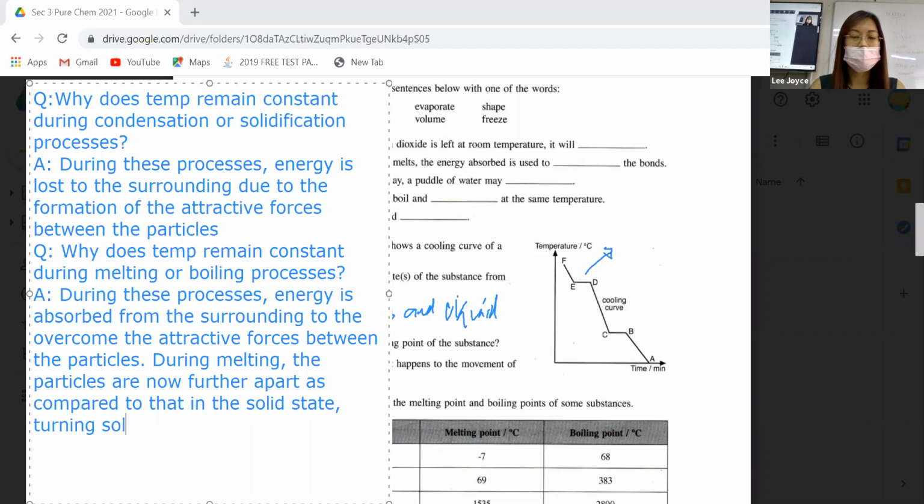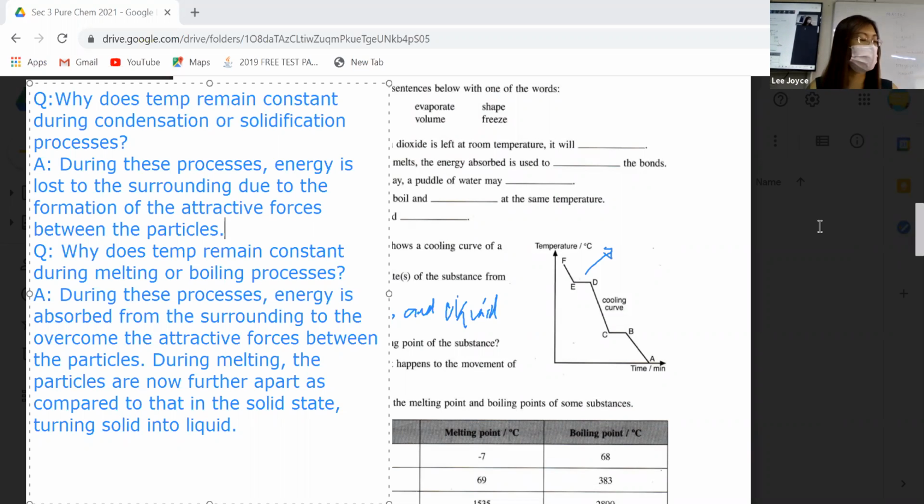Turning solid into liquid, got it? So with this template, you can just change the subject accordingly. And if you see this kind of questions, you can use this as a template. Get the idea now? All right. Any questions?